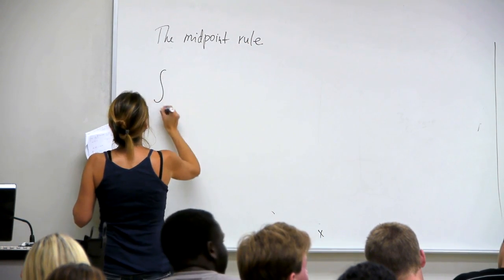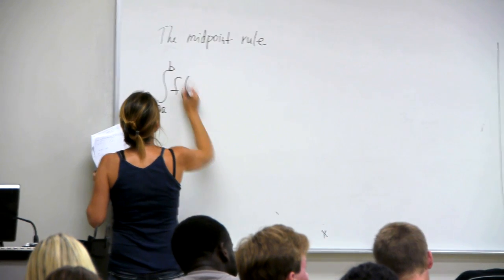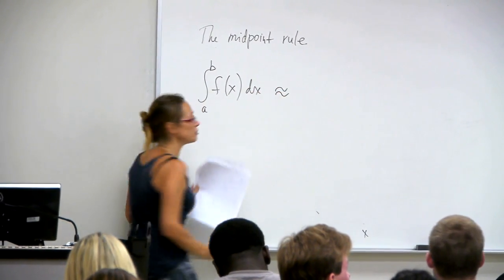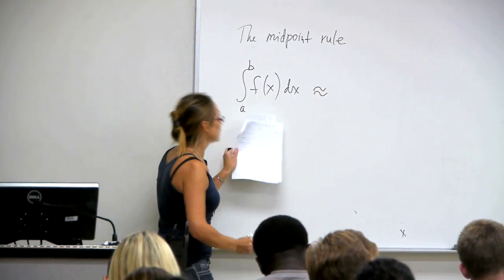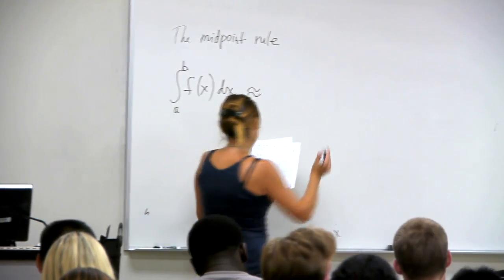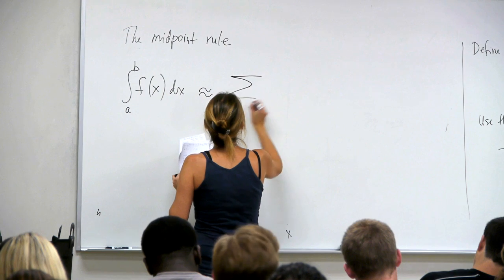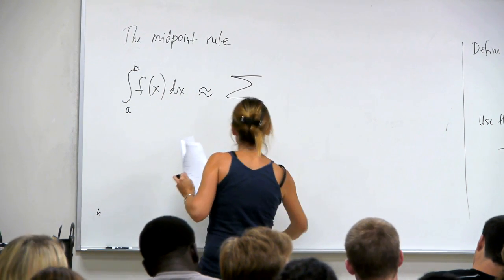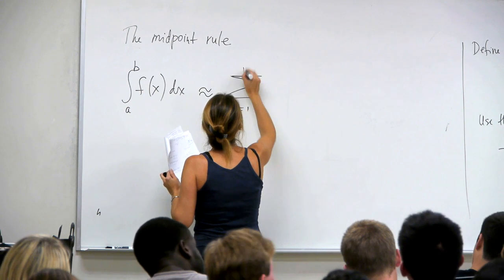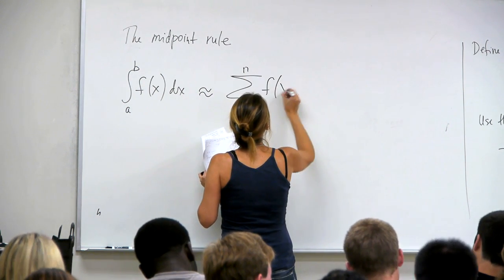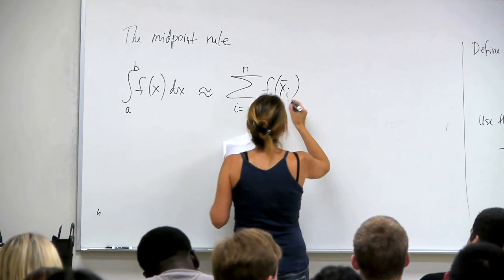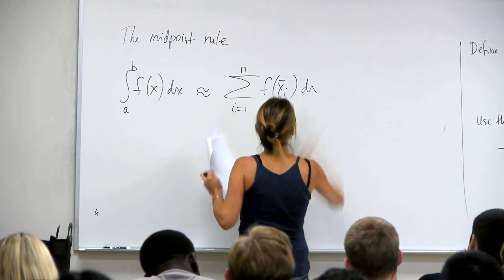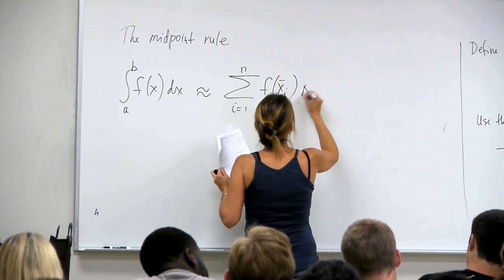So simply put, this rule allows me to approximate this integral by a finite sum of f of xi bar delta x.